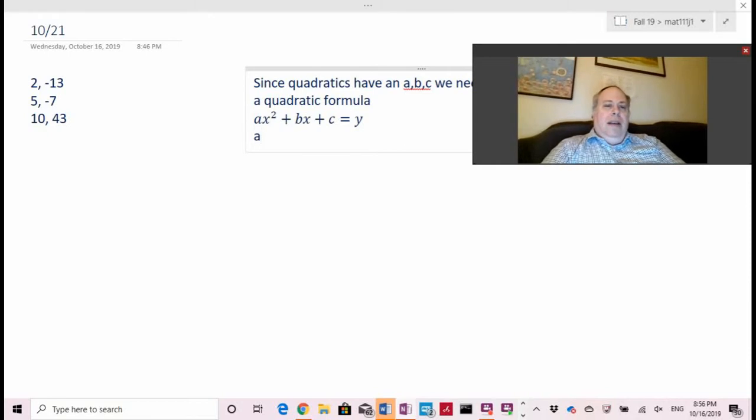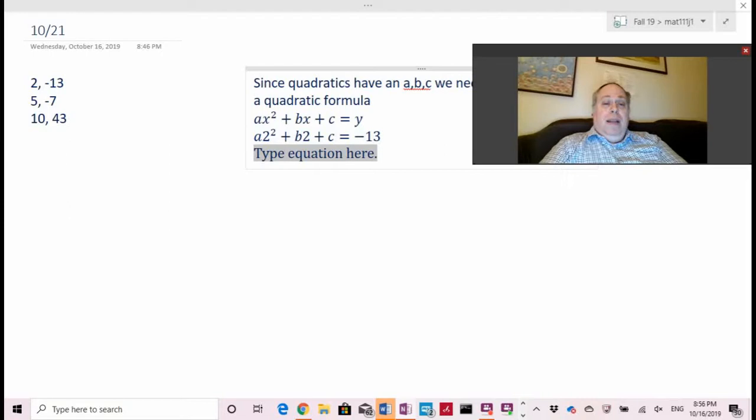A times 2 squared plus b times 2 plus c equals minus 13. Otherwise, we can write this as 4a plus 2b plus c equals minus 13.